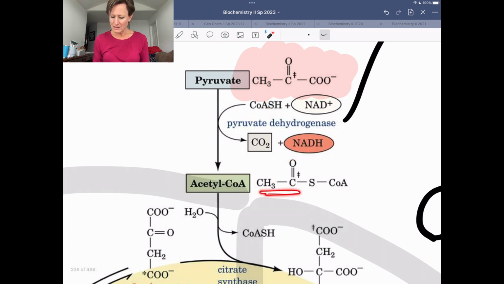So here again is this acetyl group that got attached onto CoA to make our acetyl-CoA. And then we have the other CO2 group come off as carbon dioxide, and this was an oxidation step. So we have the concomitant reduction of NAD plus to NADH. We're going to take a deep dive on this enzyme because I want you to think about pyruvate dehydrogenase, and we'll also see it for alpha ketoglutarate dehydrogenase, that these enzymes are like a giant mall, if you will.